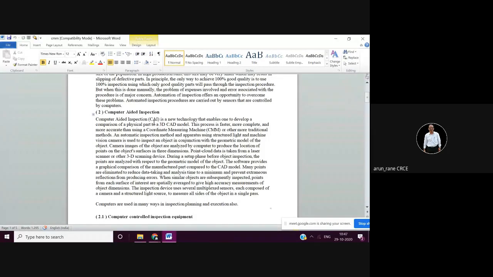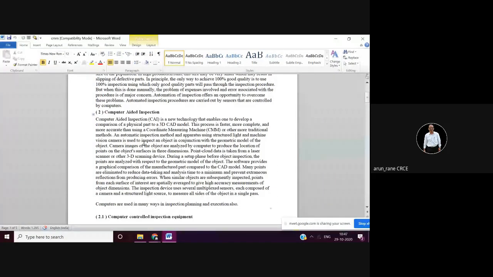Obviously computer aided inspection is accurate. It will give consistency in results, the same results every time, because when you are doing traditional or manual inspection, it may be tiring, and the operator may make mistakes because of fatigue and the monotonous work. This is not the case with computer aided inspection.